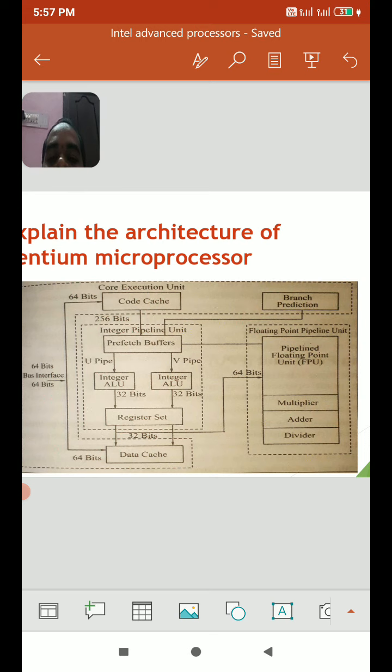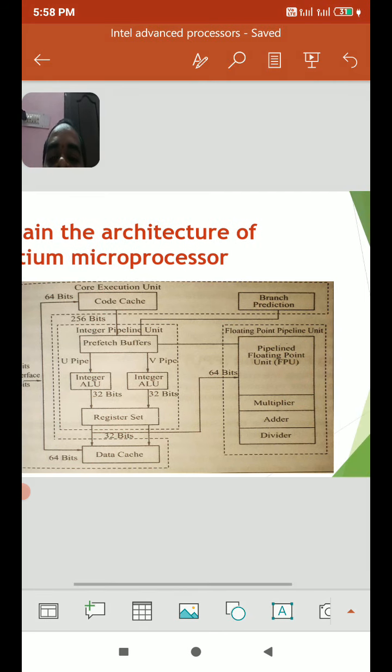Between this integer unit and the code cache, there is a connection between the code cache and data cache. One more block in the core execution unit is branch prediction. We will see what it means here.